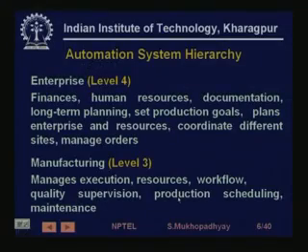Below that is level 3. Once this enterprise level comes out with orders and provides schedules, I mean the capacities which are going to be available, then the manufacturing level sits down and says, okay, now I have to make so many pieces of this over such time with such kind of resources, right.